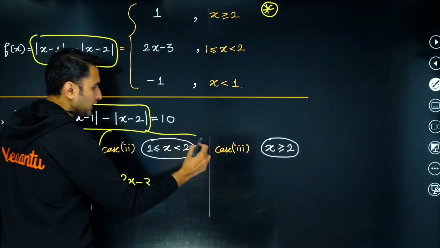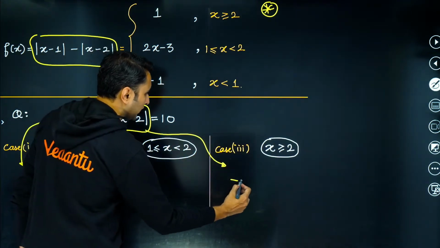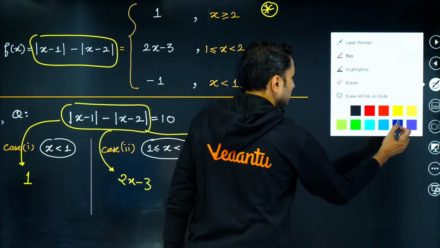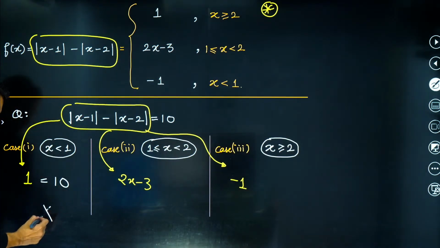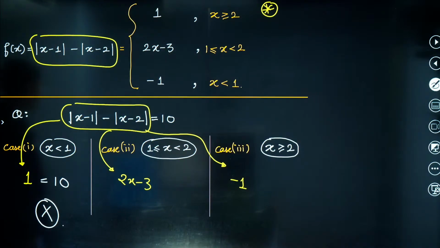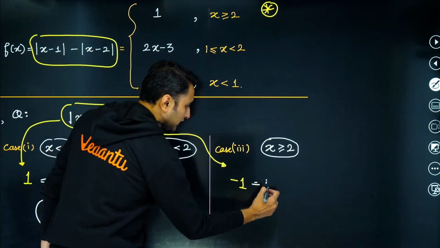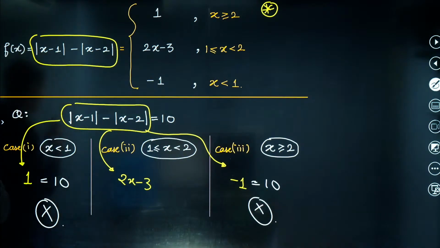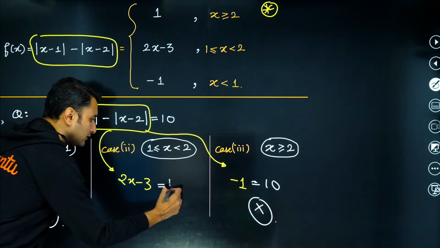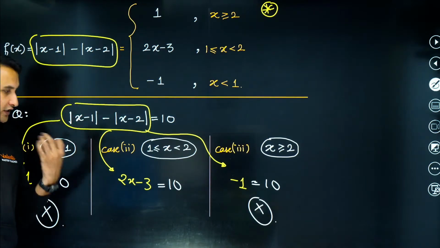And in this case the left hand side is actually minus 1. Now what is the question? The question is equal to 10. The left hand side equal to 10 doesn't make any sense. This we can solve, let's solve it.